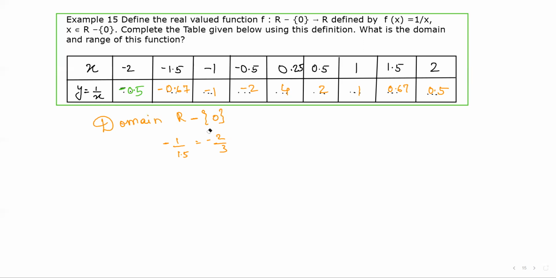That means you can have any value except for 0. When you place these values, which values of y do you get? That means what would be the range in such a scenario? Your range would be again any real value except for 0. You'll never get a 0 because to get y equals 0, you should have x equals infinity. And that is something that you're not placing here.